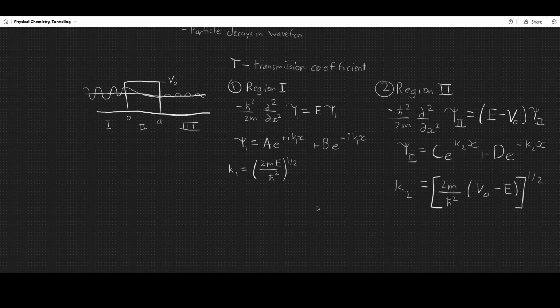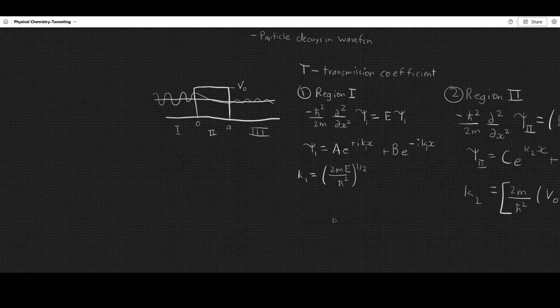Last region, we'll come over here. We'll say region 3. So region 3 is a little bit different from region 1, even though you can still think about it as a free particle in 1D, and we have that oscillatory part now.